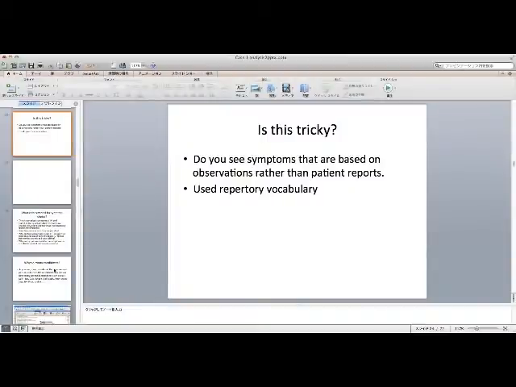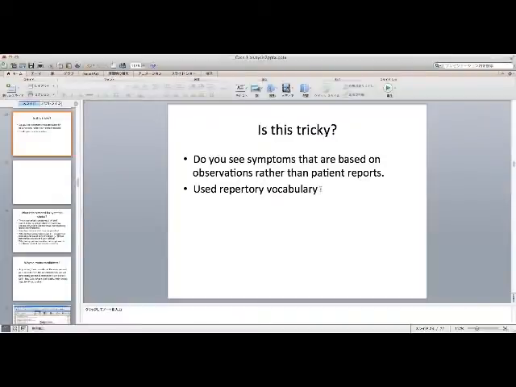Now, is there anything tricky about his repertorization? Okay, we see some symptoms that are based on observations rather than the patient's report of his symptoms. So the patient is loquacious. He didn't need the patient to say, I am loquacious.